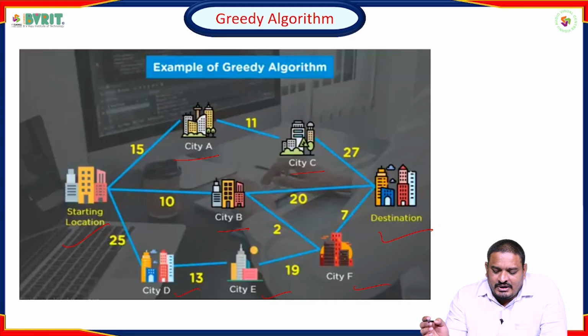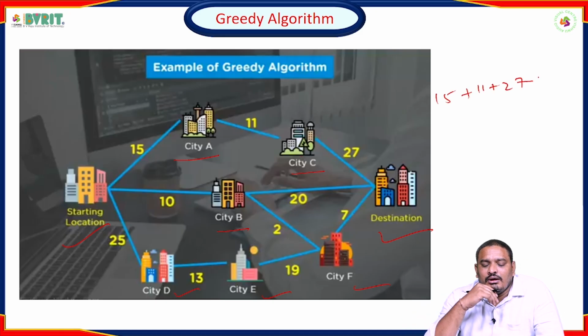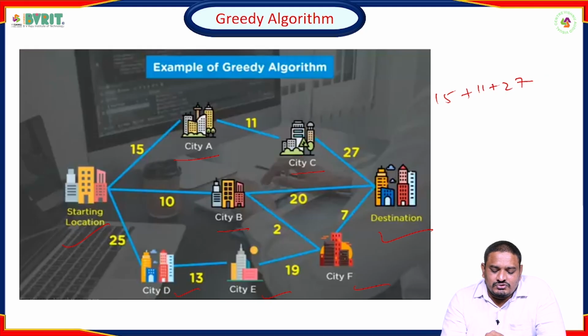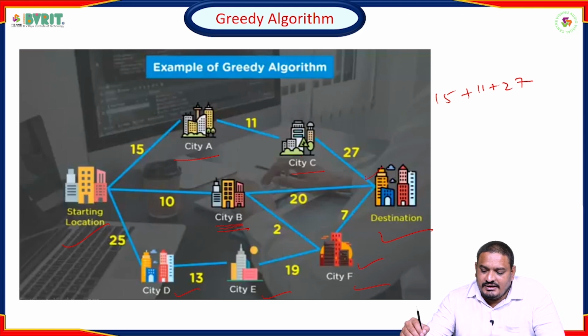For suppose the person reaches the destination through A, C. The distance from the source to city A, and city A to city C, is 15 plus 11 plus 27. Another way is from source to city B, and from city B to city F, the destination. That is 10 plus 2 plus 7. Another route is 10 plus 2 plus C to destination, 70.